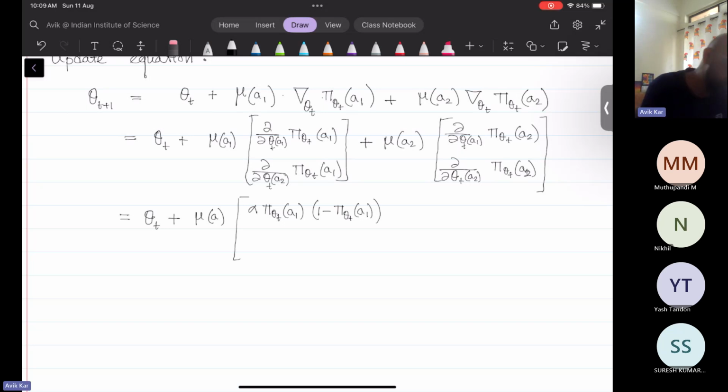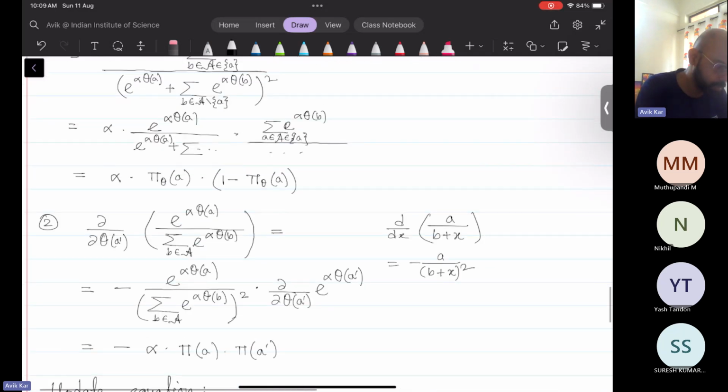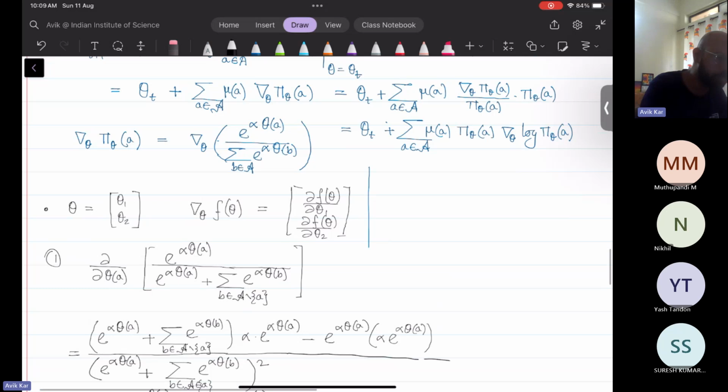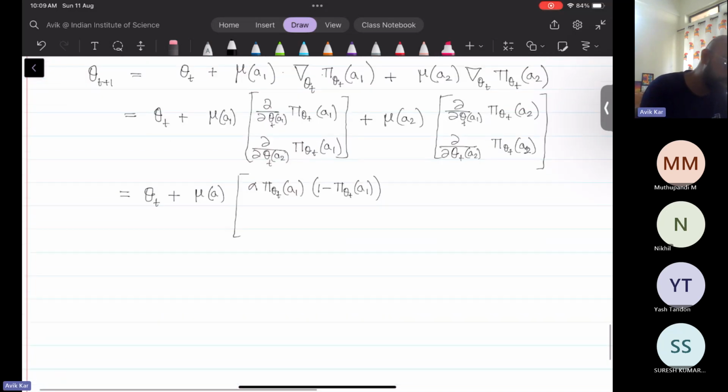What I suggest is you verify these two derivative calculations using this log formulation also. I think they will be the same, but still.